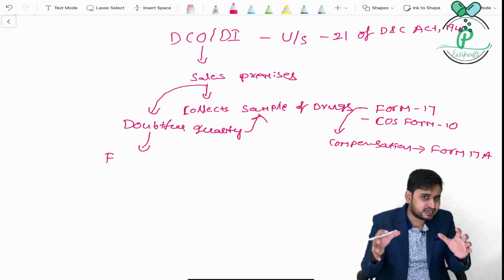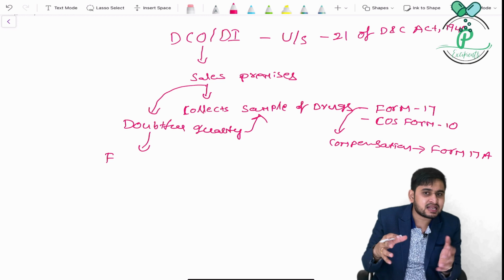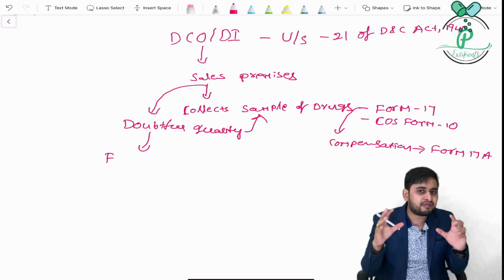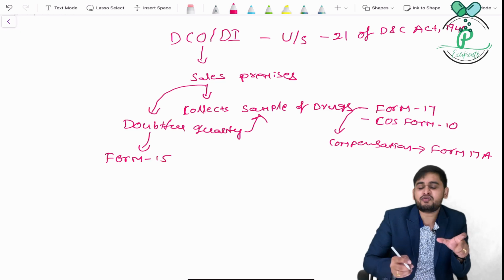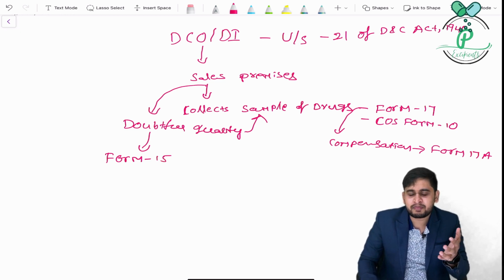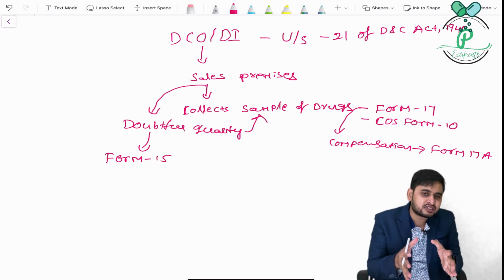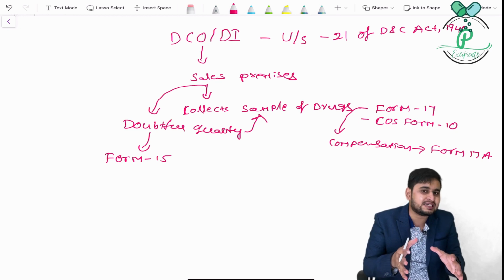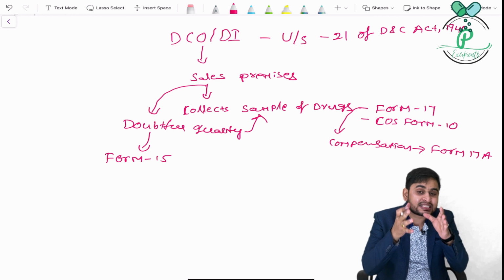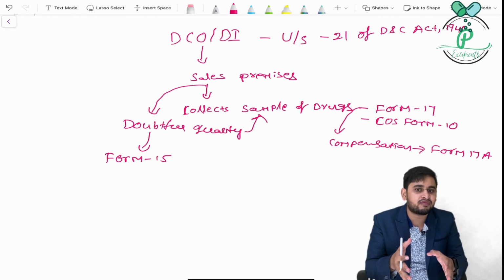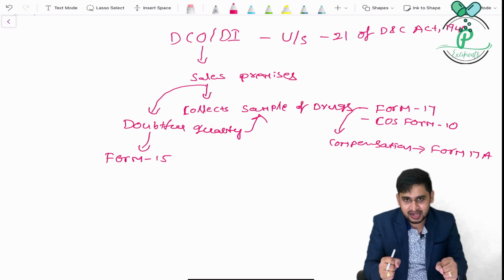Whatever quantity the shopkeeper has would be frozen for 20 days, and Form 15 would be issued to the shopkeeper that those doubtful quality drugs should not be disposed of until receiving the test report of the collected samples.